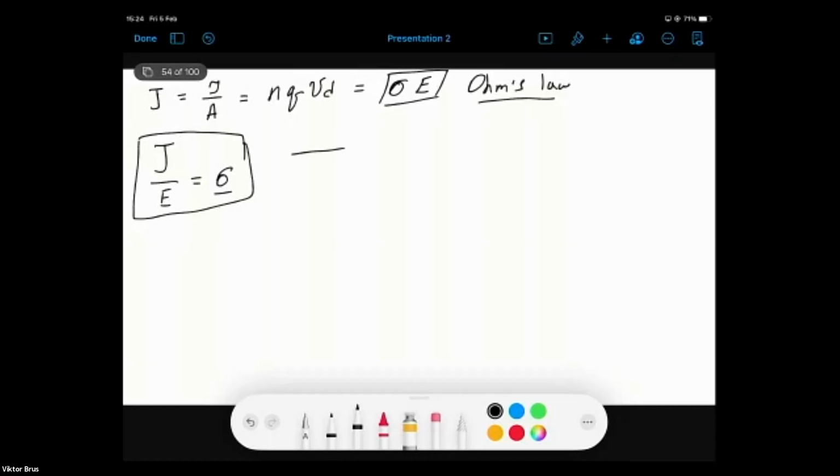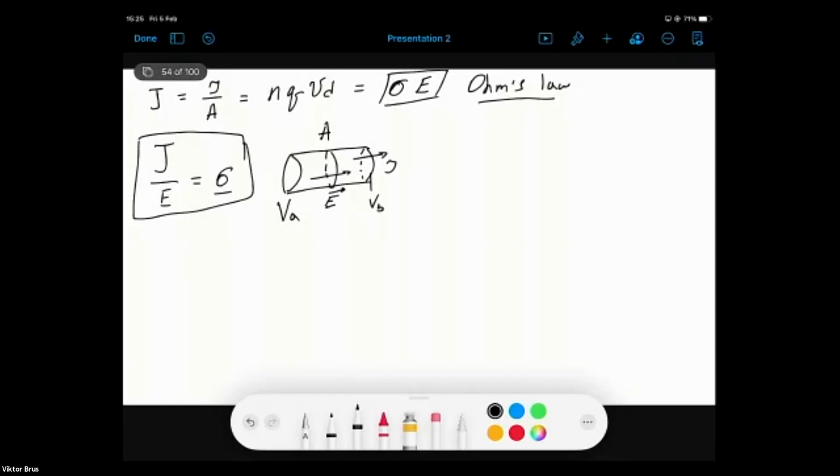So consider some cylindrical conductor with some cross section A, some electric field E, and there is some current I. At the edges of this segment of conductor, we have potential VA, and here potential VB.